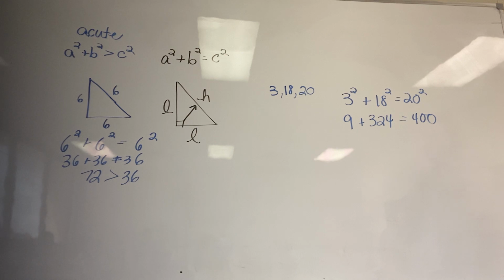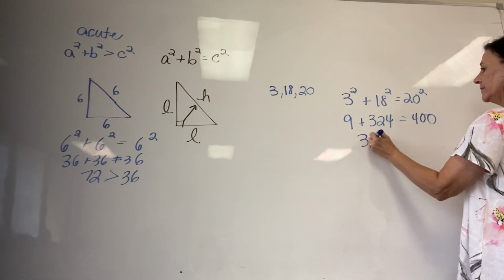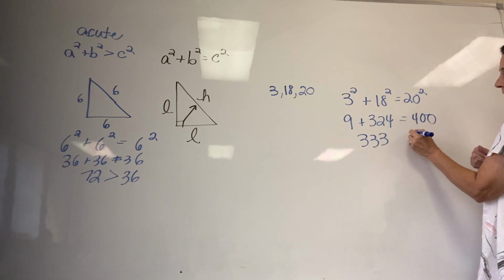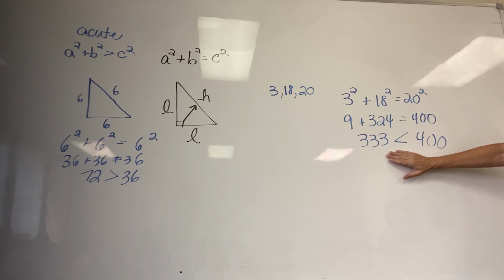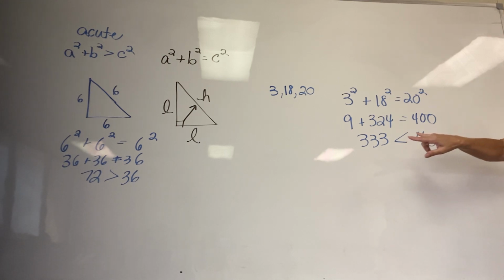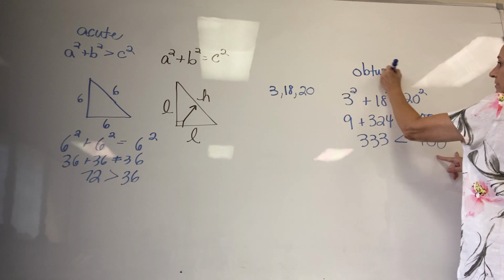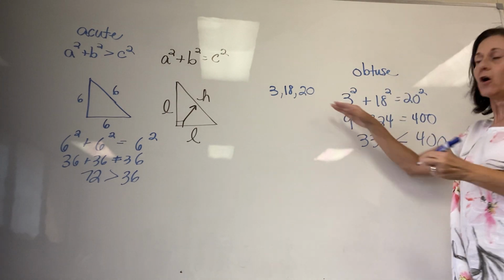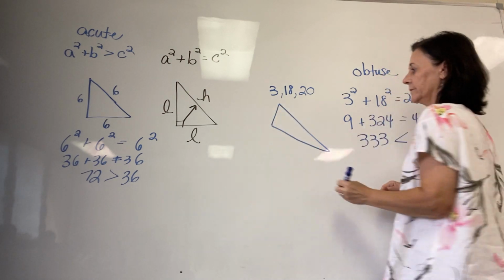What's 324 plus 9? 333. That is actually less than 400. When a squared plus b squared is less than c squared, we have an obtuse triangle. So we have one very long side, another long one, and then a short one.